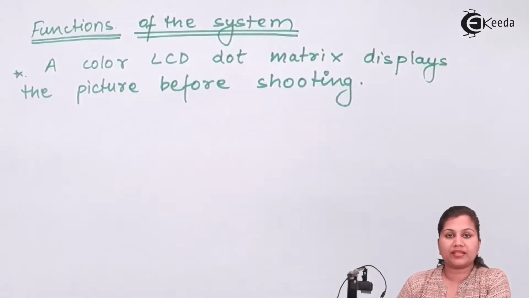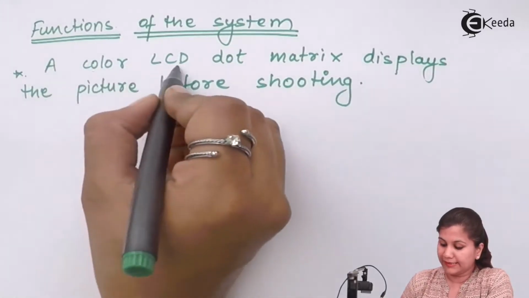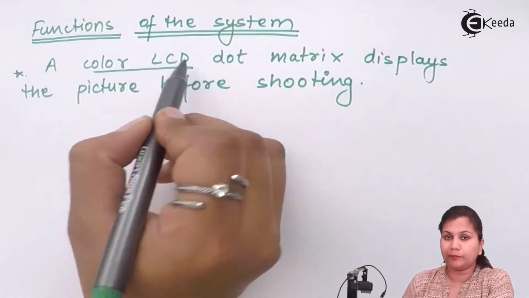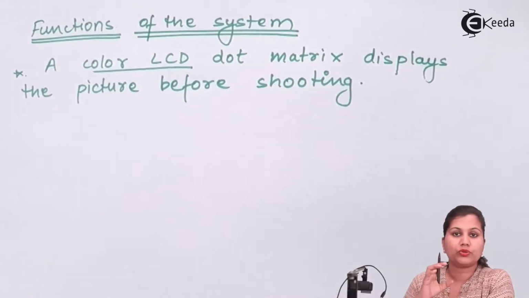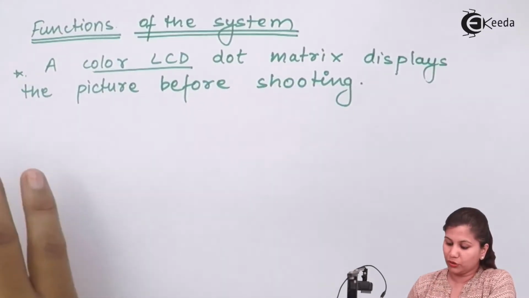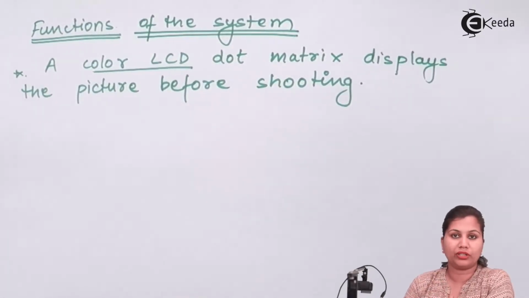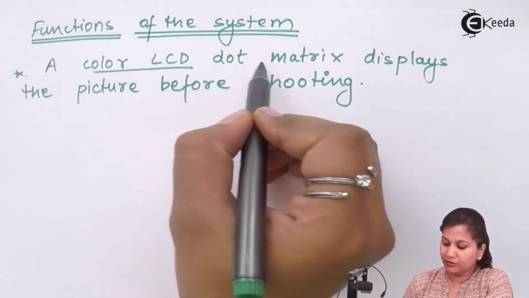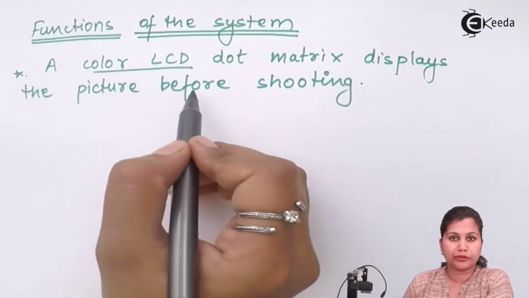Now when the user starts taking the picture, on the digital camera there is a color LCD dot matrix display, and on this LCD the user is going to see the picture of the object which is taken. So before shooting, the LCD dot matrix displays the picture.